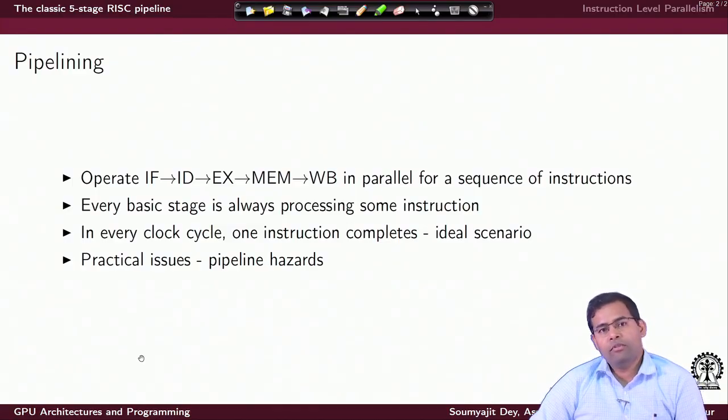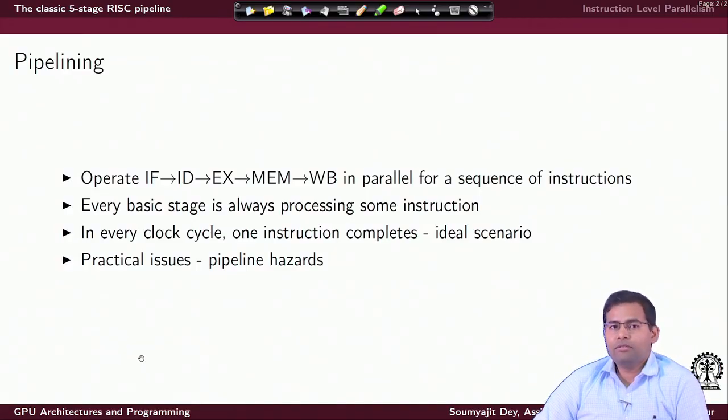So, if I look at the pipeline from its end point, I always see one instruction getting completed. That means the overall throughput of this pipeline is one instruction getting finished in each clock cycle. So, this is where the optimization really helps.